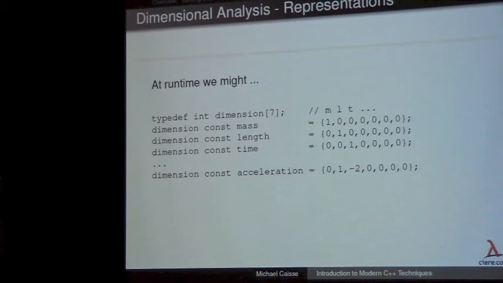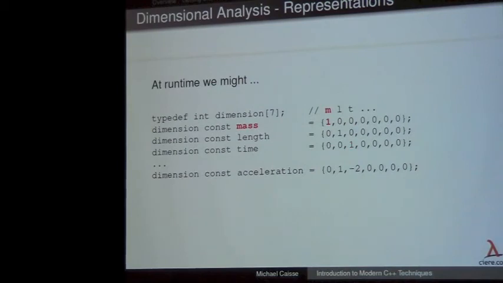All right, so at runtime, these are the types of things we might want to do. There's lots of papers on this stuff, so we're not going to go into this too much, and you can read it in other places. But at runtime, there are people who study this type of thing. We might create these arrays and describe what the different base unit dimensions are. We're going to have one for mass, one for length, and one for time.